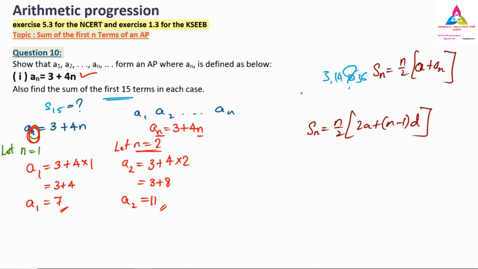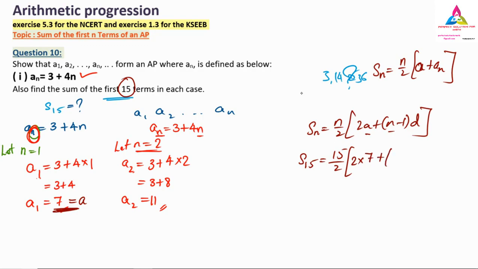So to find this we need the first term. We know the first term, that is a1. The n value is already given. How many terms have they told you to find? S15. So S15 is equal to 15, the n value, divided by 2 into 2 into a value. Just now we found the a value, that is 7.